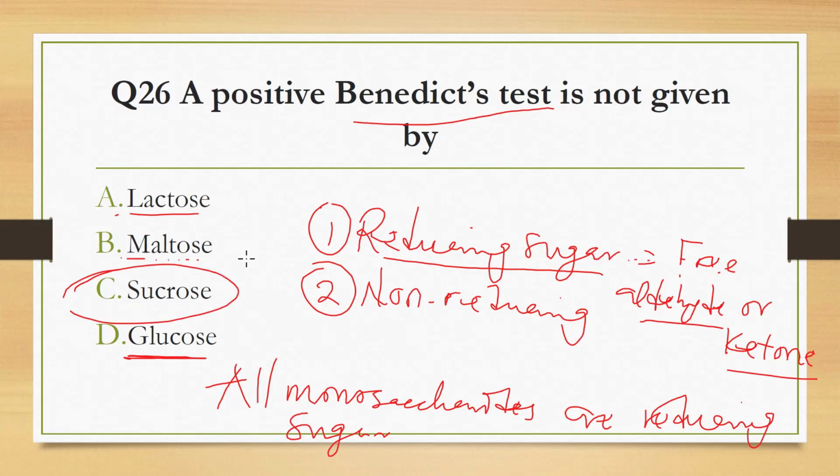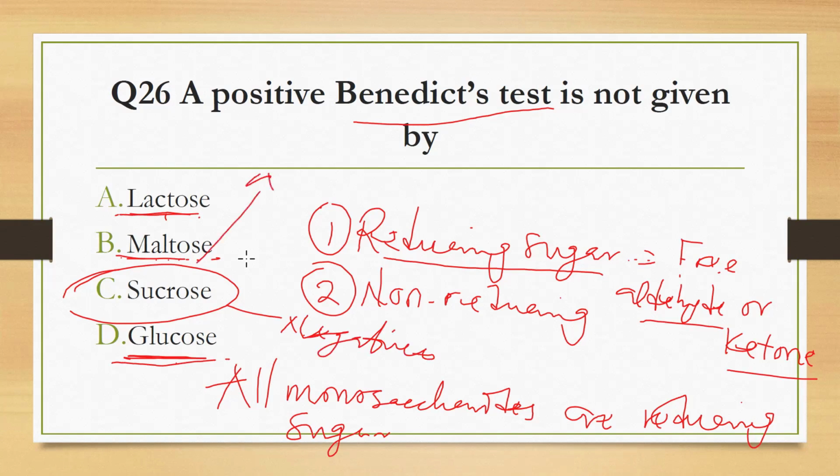So a Benedict test is used to test for the presence of a reducing sugar. It means that this test is specific for reducing sugars. So the Benedict test can give positive for lactose, positive for maltose, and also positive for glucose. But it's going to be negative in the case of sucrose.